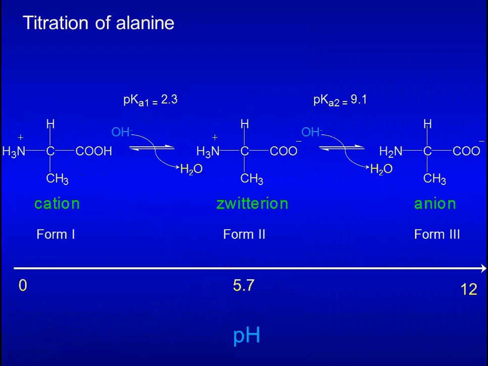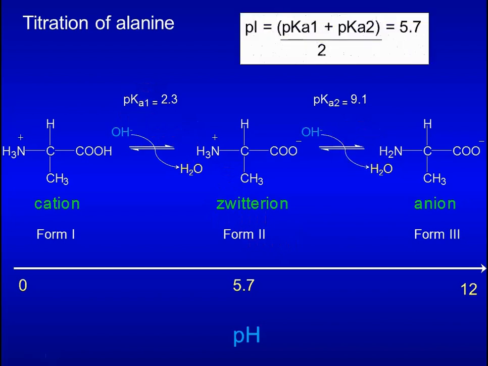Second, we look for 2 pKa's flanking the Zwitterion. In the case of alanine, Zwitterion is form 2. 2 pKa's flanking the Zwitterion are pK1 and pK2. It turns out the pI for alanine is the average of these 2 pKa's.